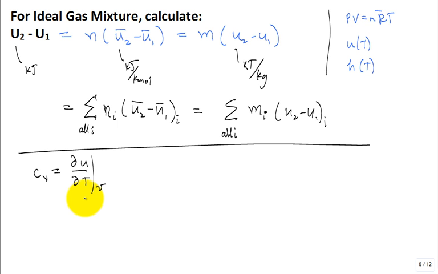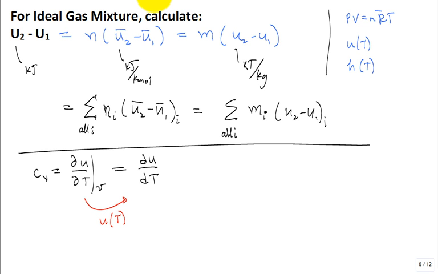Now, in special cases, this simplifies to not the partial derivative, but the ordinary derivative of U with respect to temperature. When does that happen? It happens when U is a function of temperature only. It's not a function of temperature and specific volume or temperature and pressure. It's just U. So a lot of times for ideal gases, we like to use specific heats, and often we use constant specific heats.